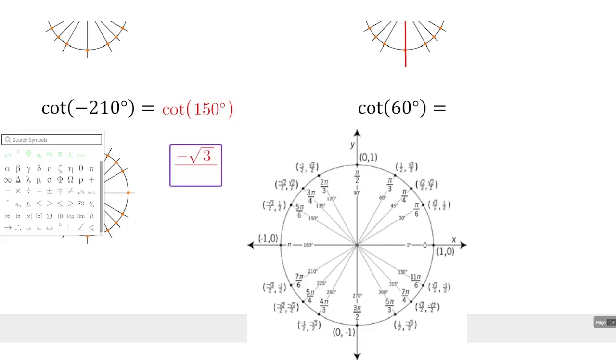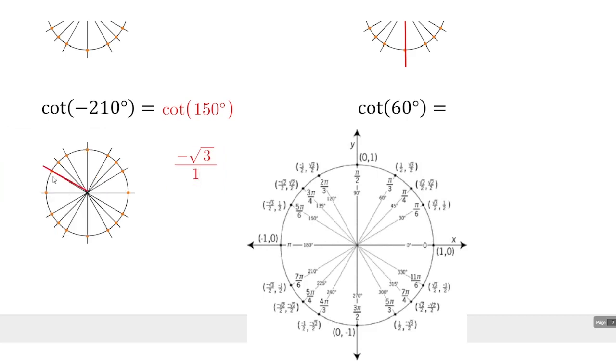So negative root 3 divided by positive 1, right? Because it's negative root 3 over 2 is the x, 1/2 is the y. So it's like negative root 3 over 2 over 2. But again, the over 2's are just going to cancel out. So we'll just leave it as negative root 3 divided by 1, which will simplify as just negative root 3, because anything divided by 1 is itself. This is just going to equal negative root 3.